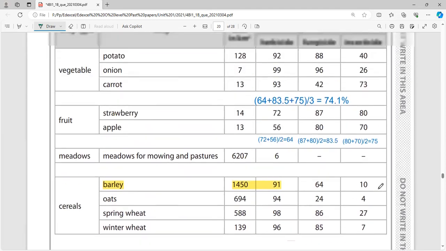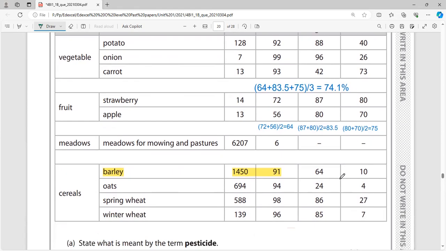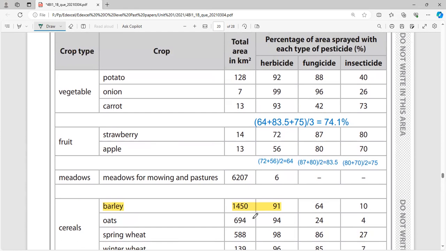We're going to see where the largest area is sprayed with a herbicide. So first, you compare the herbicide area. You can see the largest area is here for the barley plant, that is in cereals, barley, that is 1,450 square kilometers as compared to the others. So that is the largest number.